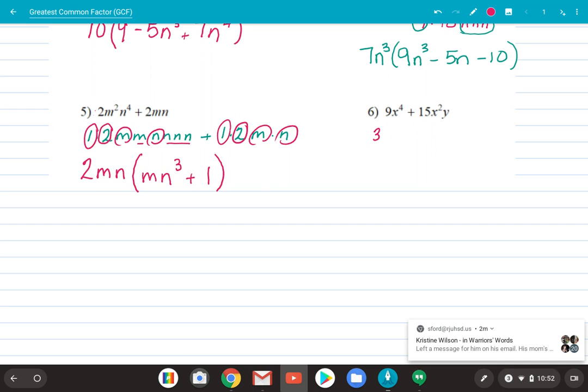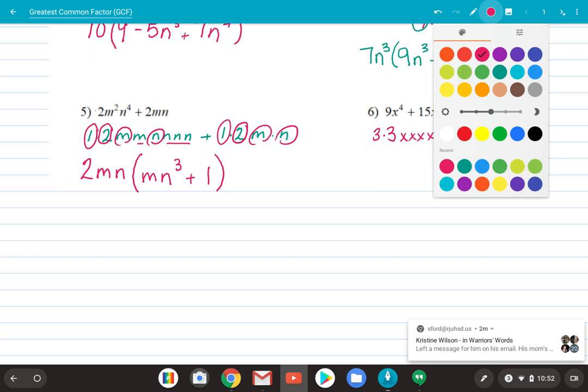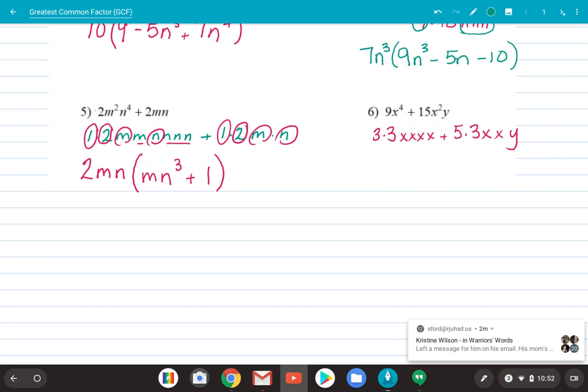All right, last one, break it up. 9 we know is 3 times 3. X, X, X, X. Sorry about the lawnmower, it's getting louder. They're getting closer to my house. So X, X, Y. Circle what you have in common. They both have a 3. They both have 2 X's, but they do not both have a Y. Only this one has the Y, okay?